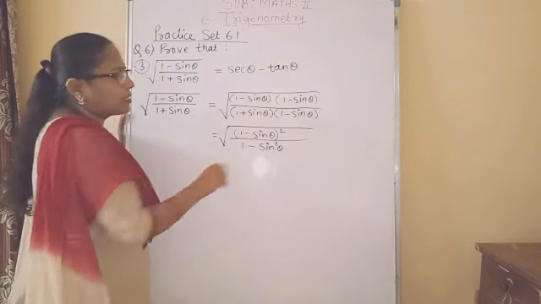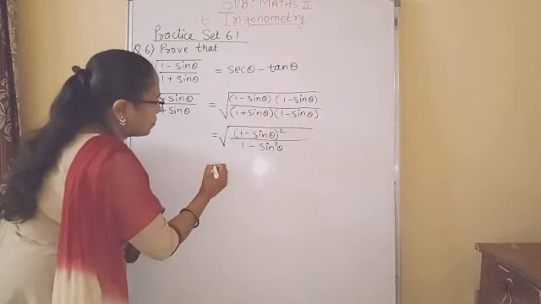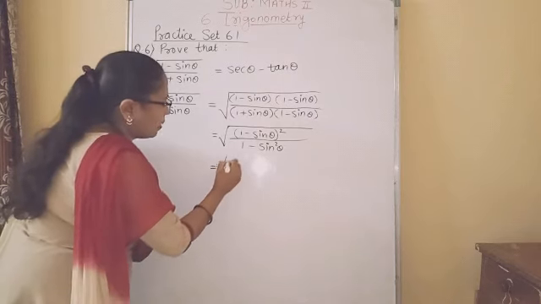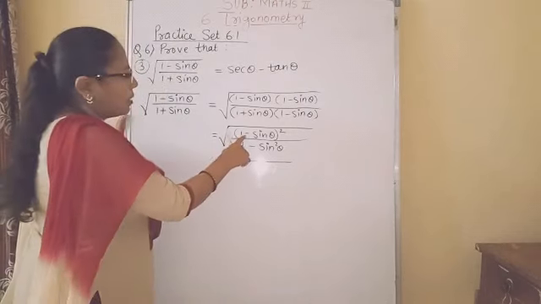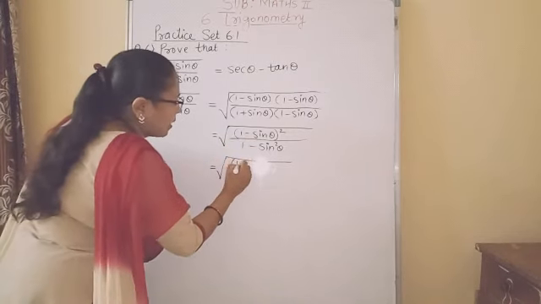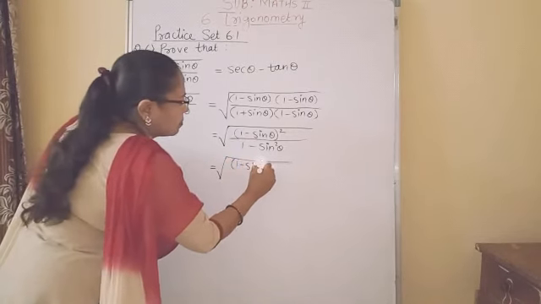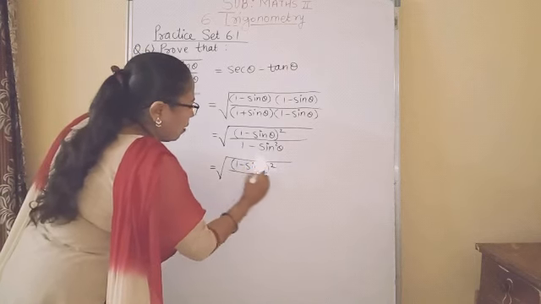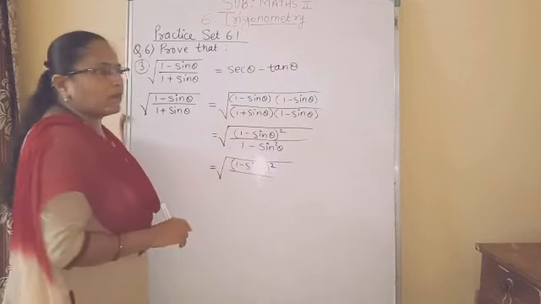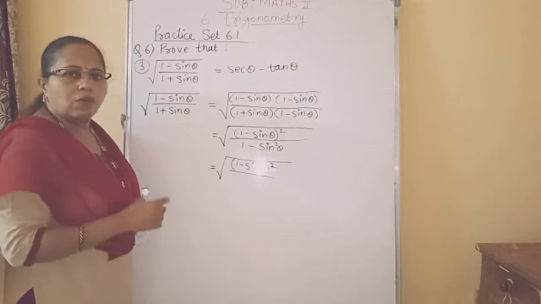A square minus b square. Okay. Equal to square root of 1 minus sin theta bracket square upon 1 minus sin square theta, which is equal to cos square theta.